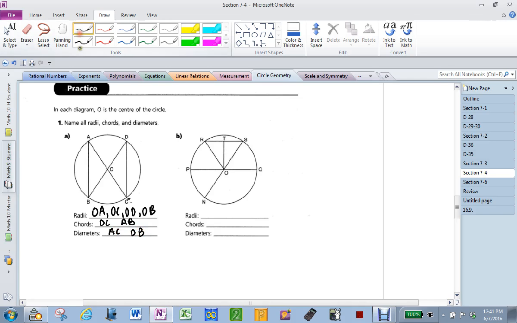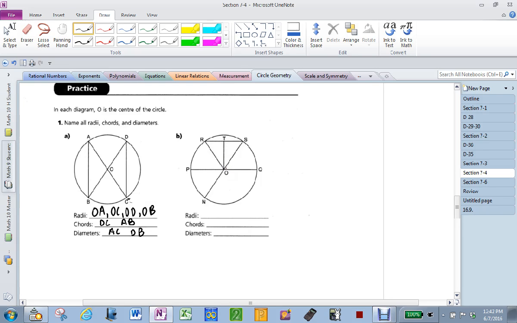Now, what if I didn't have that there? Could you have put these guys as chords? Yes, because a chord just connects any 2 points in the circle. A diameter is a particularly special chord in that it is the biggest. Does everyone understand?